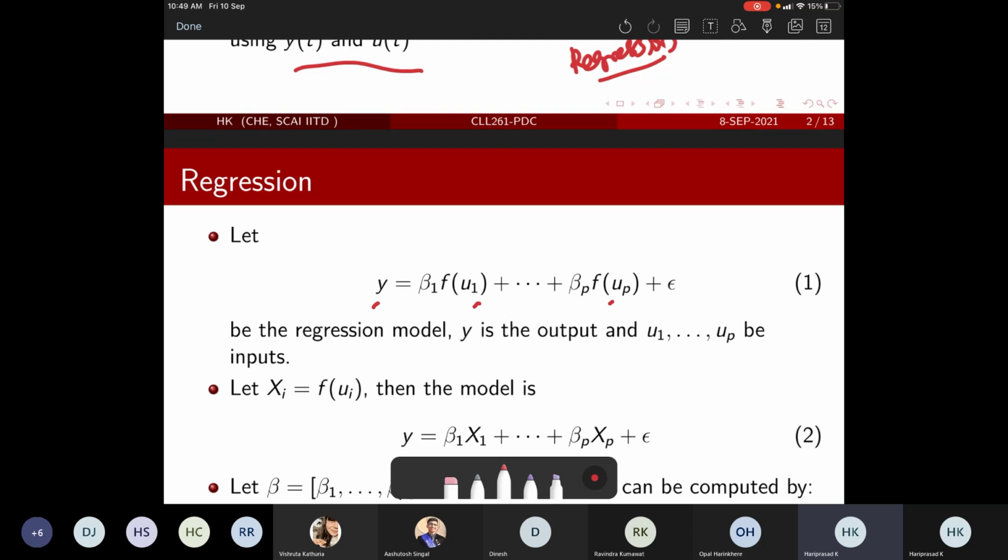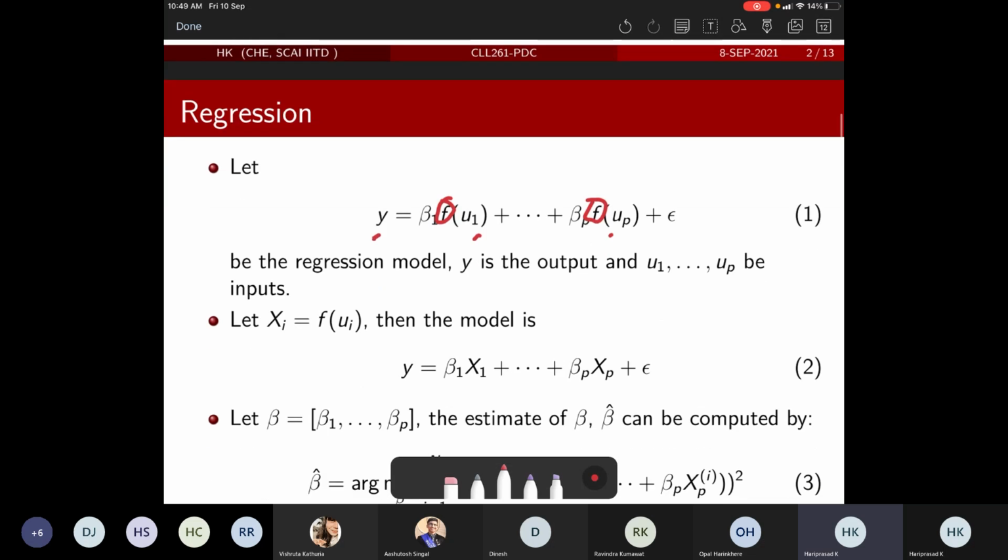In this case, you have p inputs. And for every input I have put a function here, which means the input could affect your output linearly or non-linearly. If it is just linear, you can wipe off this f and you get a very simple model, which is the celebrated linear regression model.